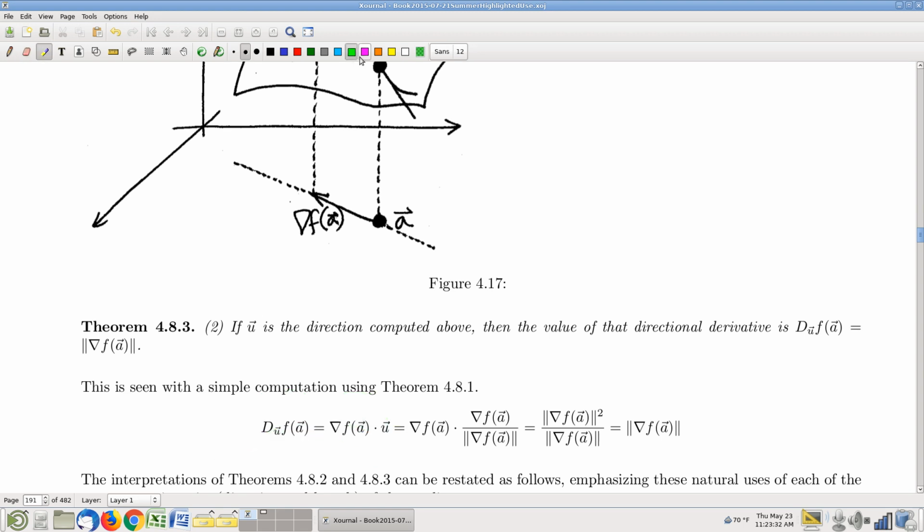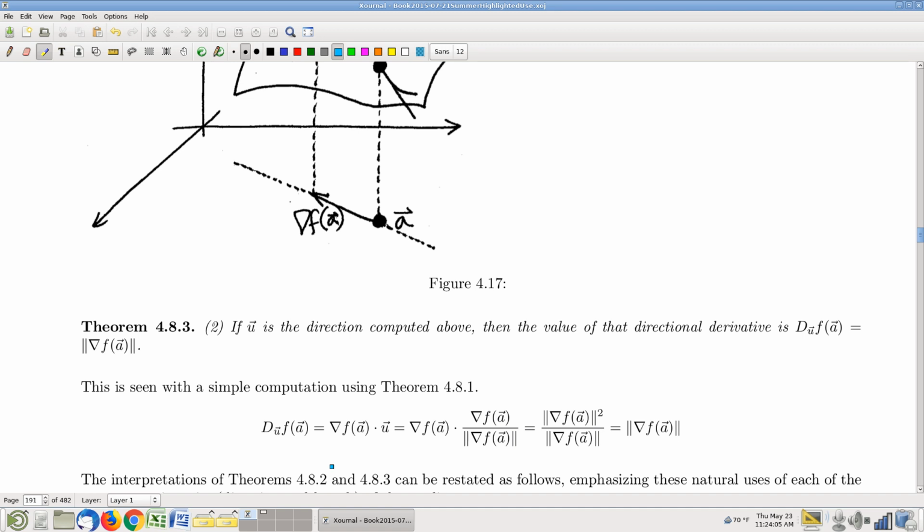We just agreed that the best unit vector is the unit vector pointing in the direction of the gradient vector. Namely, it's the gradient divided by its own magnitude. That's how you find unit vectors in the direction of a given vector. And here, you notice we have a vector dot itself, which gives me a magnitude squared.